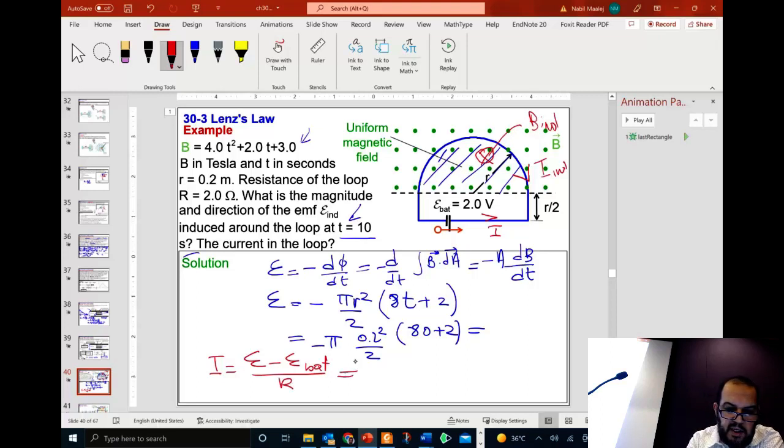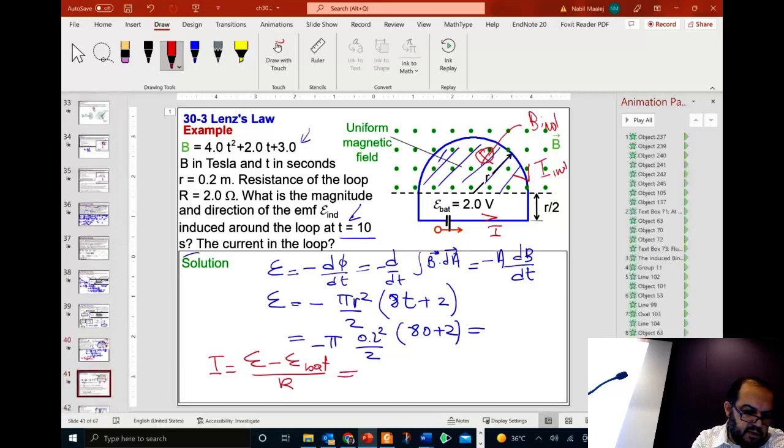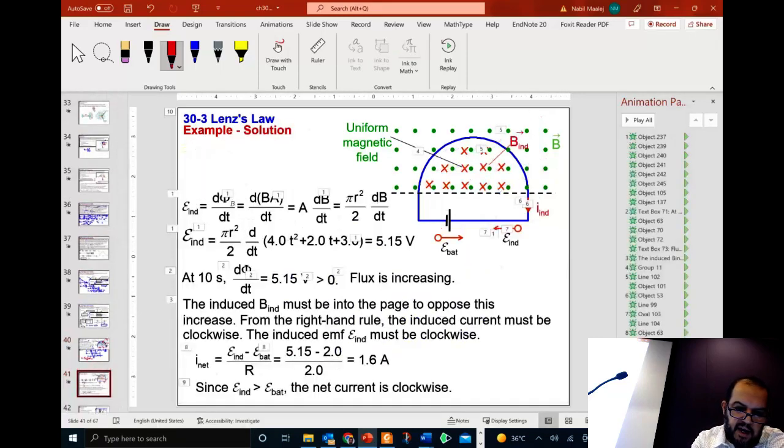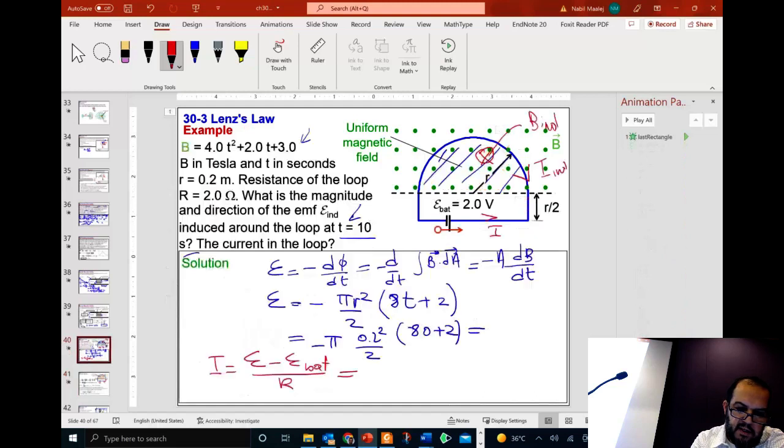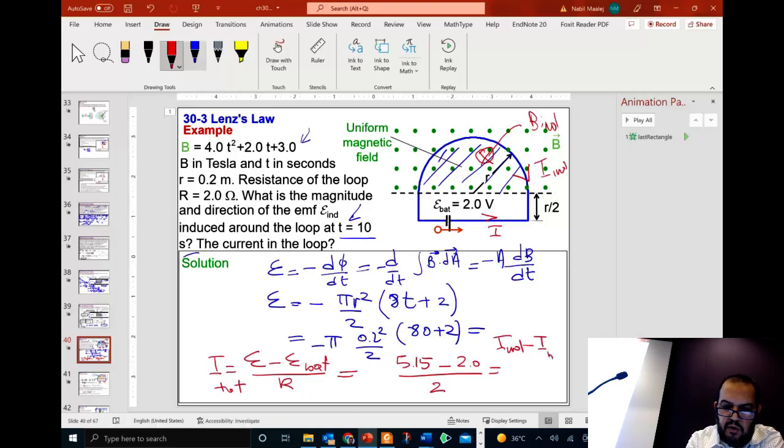So this is going to be, I think if I'm not wrong, 5.15 minus the existing voltage, which is 2, divided by the resistance, which is 2 ohms. And so the total current is equal to the I induced minus the existing I due to the battery.